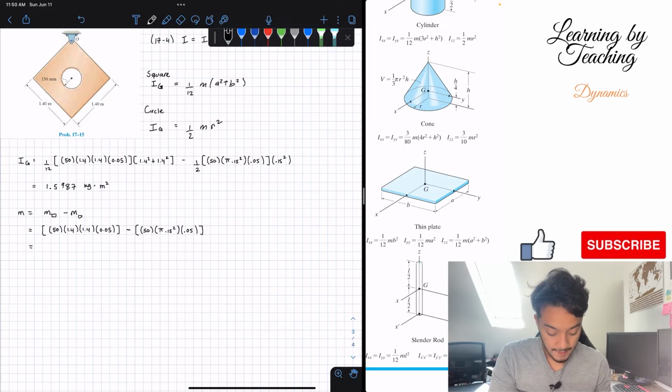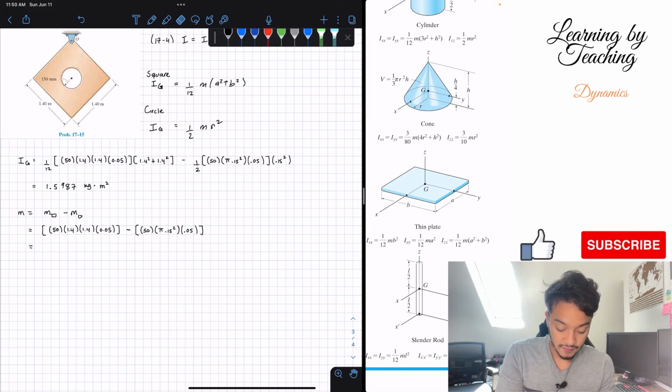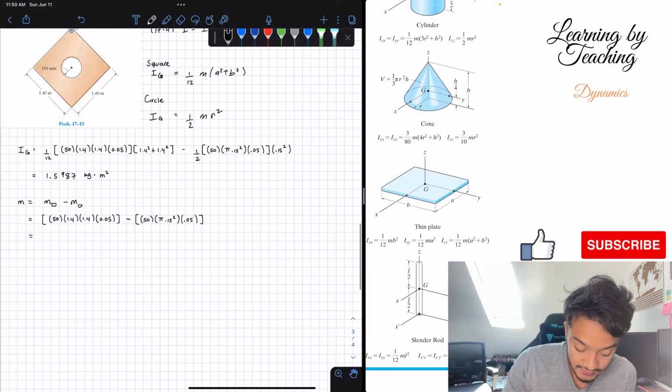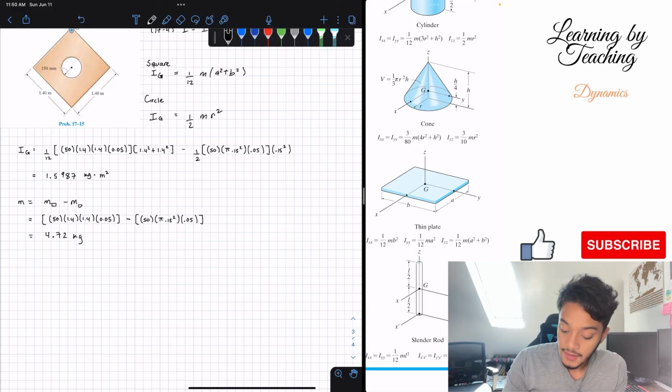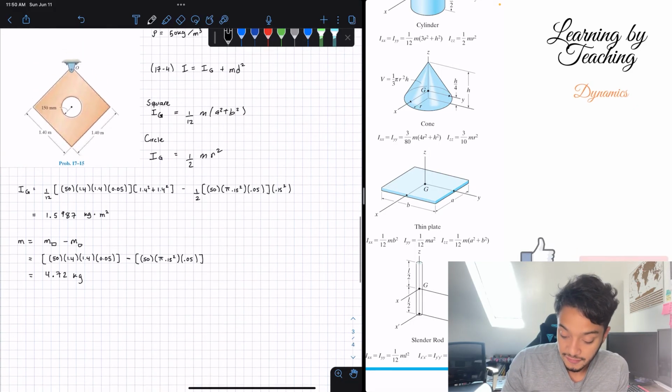Okay, minus the mass, 50 times pi times 0.15 squared times 0.05. This gives us a mass of 4.72, and it should be in kilograms. So now we have the mass. All we need to find is the distance.